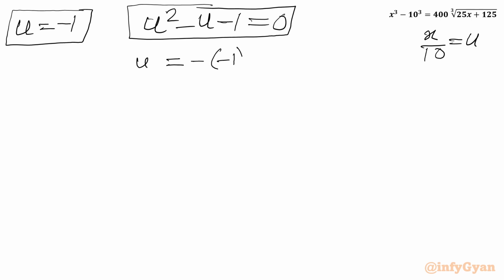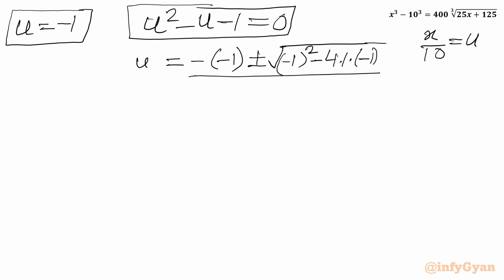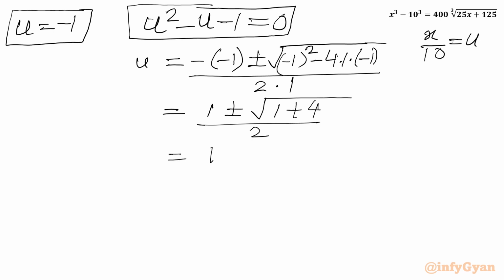So minus of minus 1 plus or minus square root of (minus 1)² minus 4 times 1 times minus 1, over 2 times 1, which will be equal to 1 plus or minus square root of 1 plus 4 over 2, or we can write 1 plus or minus square root 5 over 2.